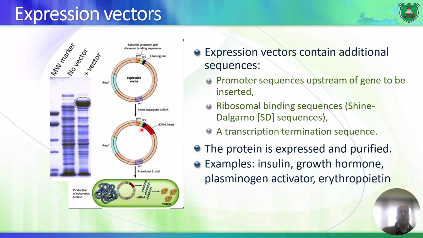The Shine-Dalgarno sequence would be part of the messenger RNA, but then I have an AUG start codon right here, and we're going to have a termination sequence downstream of where the gene is cloned, so that transcription is terminated. And of course, now the cDNA, well, we can have a stop codon right here as well, so that we would have a termination of translation as well.